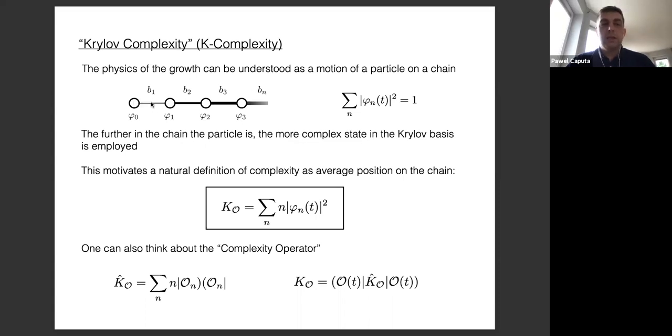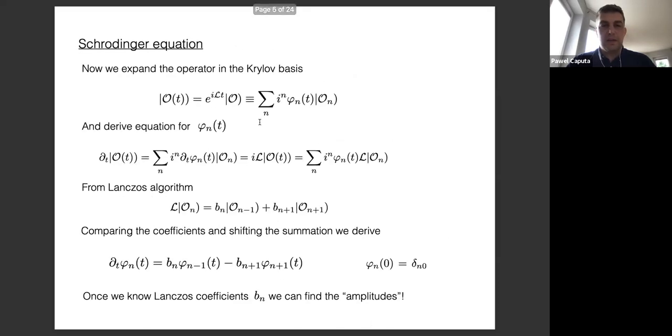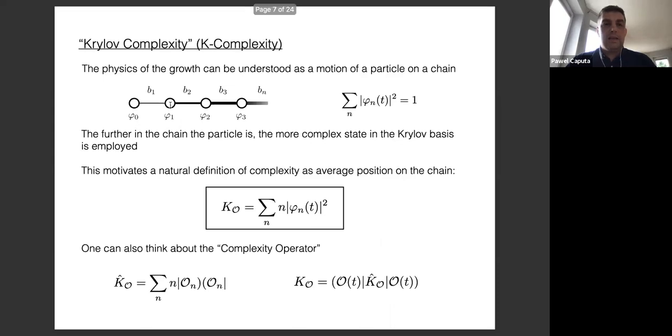You can think about it as some spin chain where the nodes of this chain are labeled by these amplitudes that we expanded the operator in the Krylov basis, these amplitudes phi n's here. As time progresses, the particle starts at this initial phi 0 and then moves to the right. It jumps to the more complicated phi n's with probabilities b1, b2. These are the Lanczos coefficients bn's.